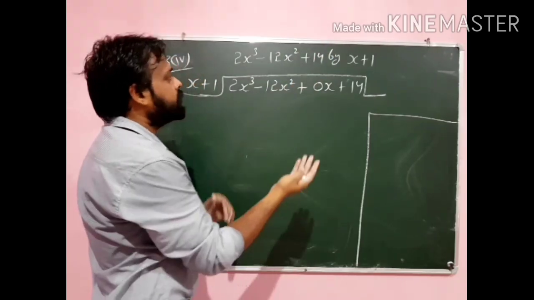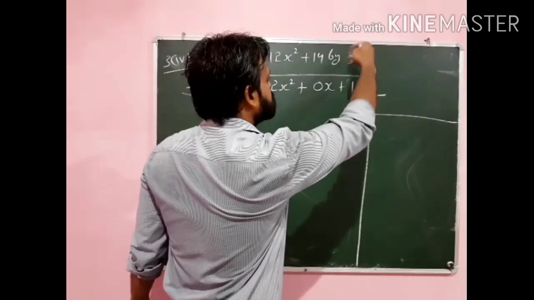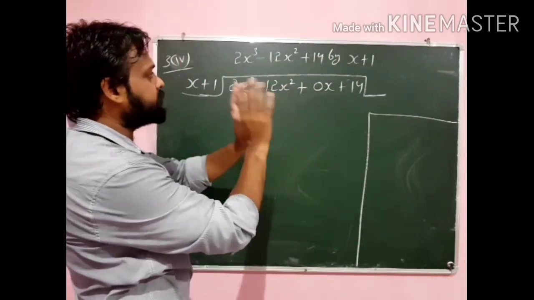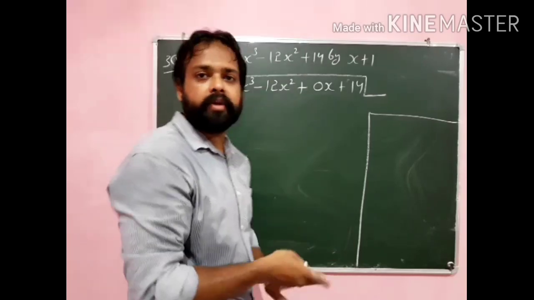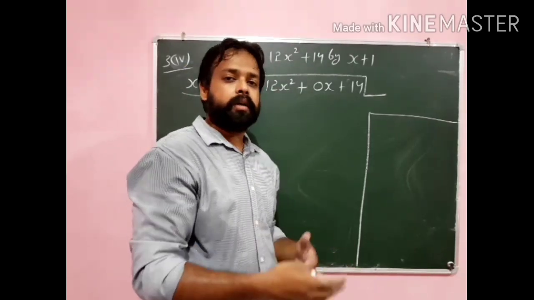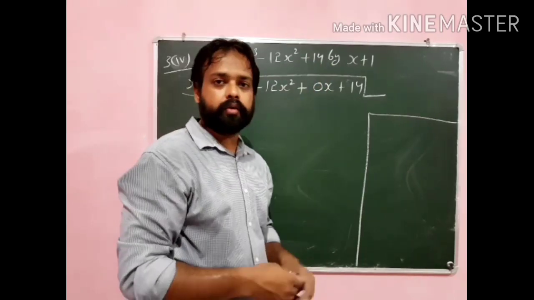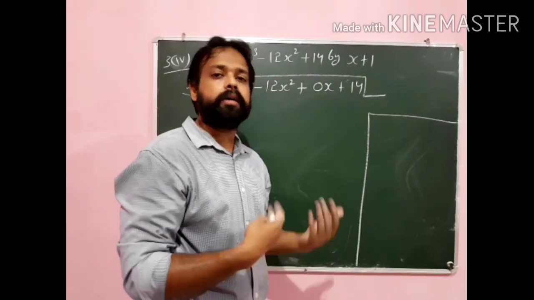Again we have to divide this by the polynomial x plus 1. So if any variable is missing, in this case x raised to power 1 is missing, we have to write it by ourselves.